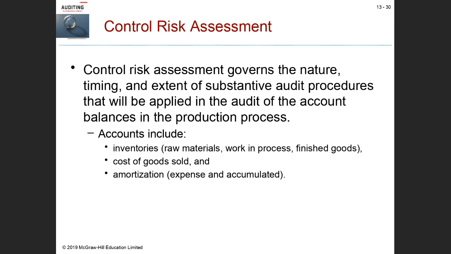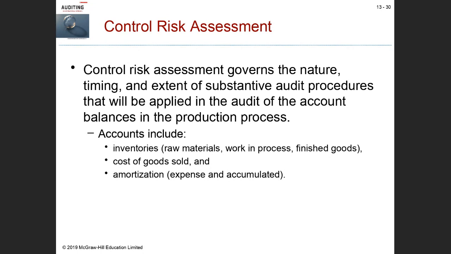On the other hand, if control risk is high, that means the internal control system is poor, so auditors have to do more work towards the end of the year or even at year end. And then the extent, of course, if control risk is high, auditors must do more work to lower the detection risk. On the other hand, if control risk is low, that means the internal control system is strong, so auditors can reduce the extent of their substantive procedures.